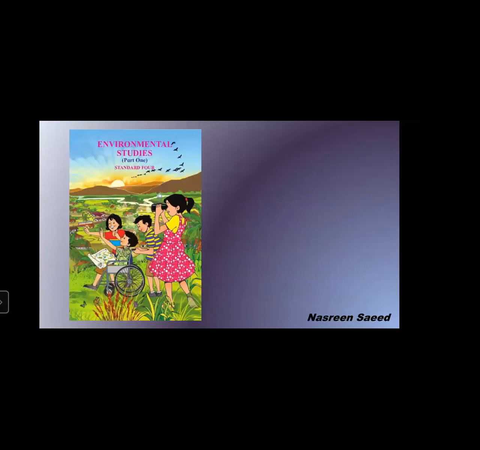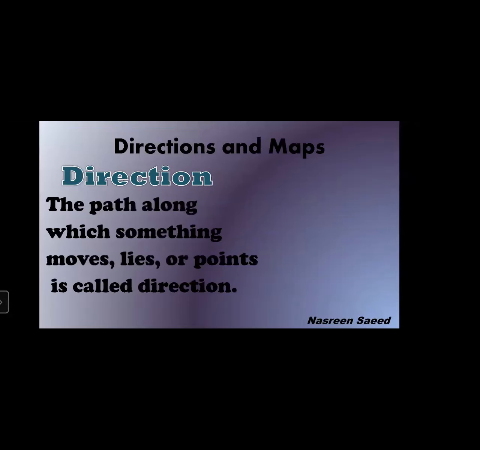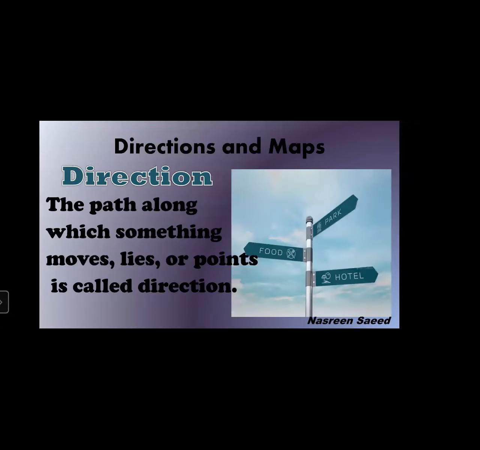Okay, our textbook EVS 1. We are covering textbook page number 81 to 85. Try to cover the full lesson. Okay. Now, what is direction? Let us first understand the meaning of direction. Direction means the path along which something moves, lies, or points.